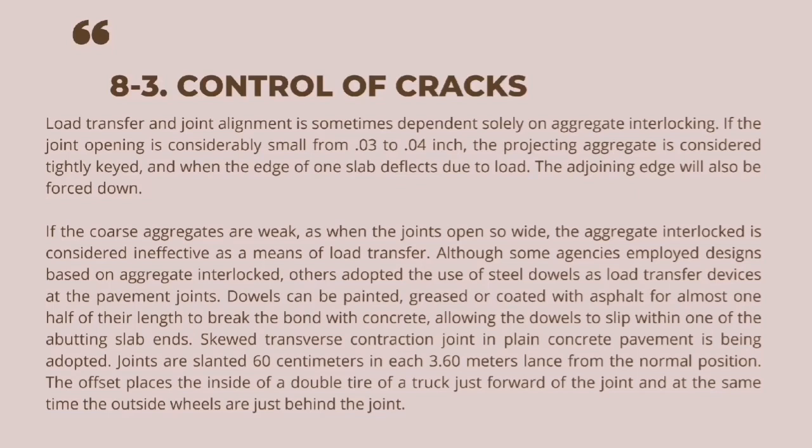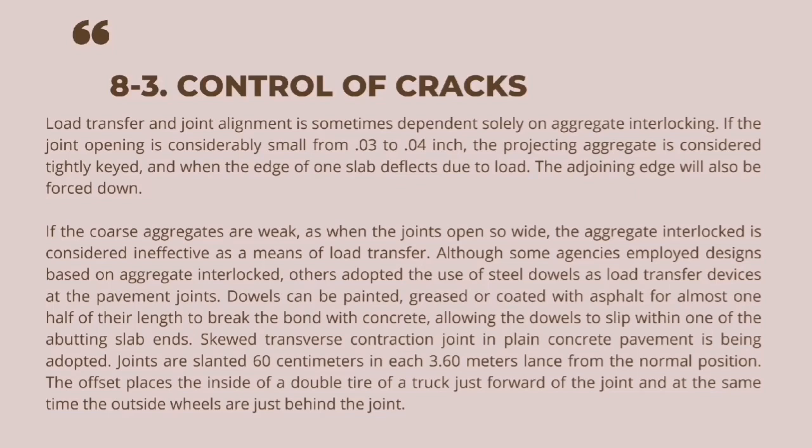If the coarse aggregates are weak, as when the joints open so wide, the aggregate interlock is considered ineffective as a means of load transfer. Although some agencies employed designs based on aggregate interlock, others adopted the use of steel dowels as load transfer devices at the pavement joints.